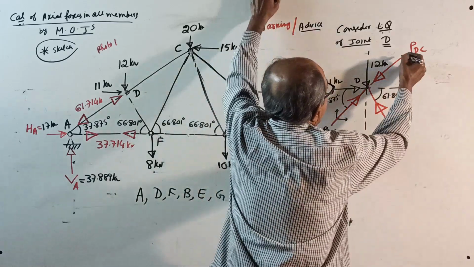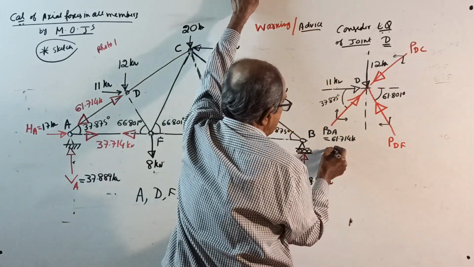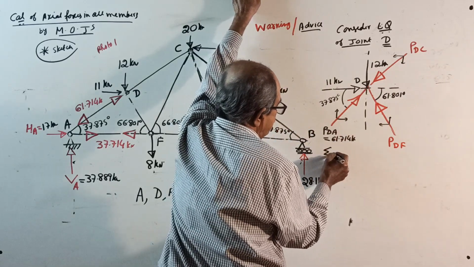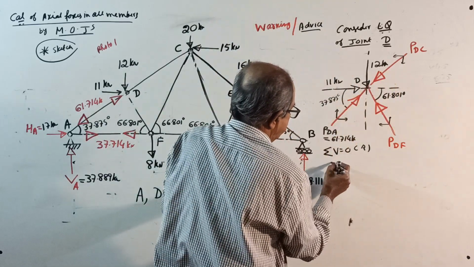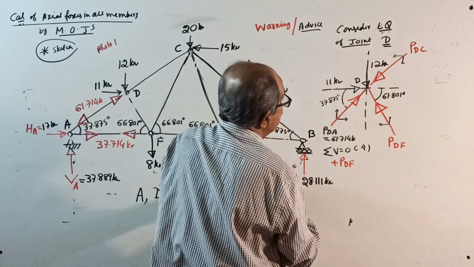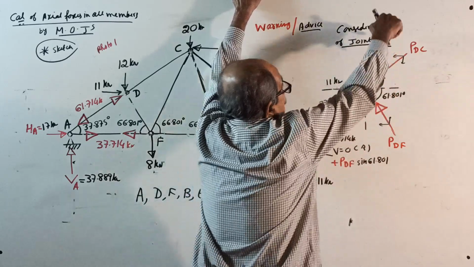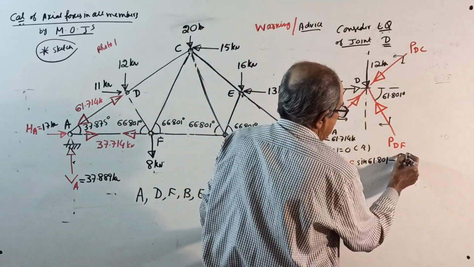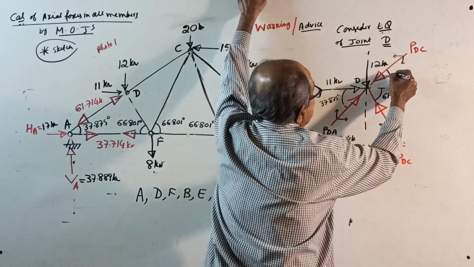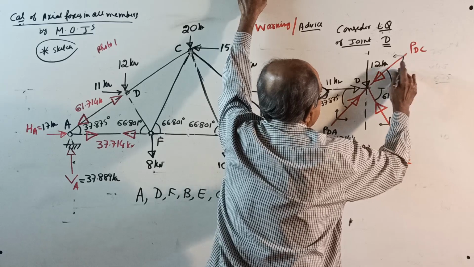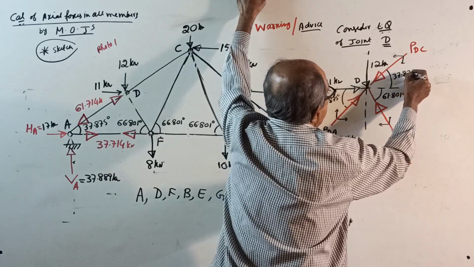Okay, now, cos, sine. Now you see both are in train. Sigma V = 0, anything first, no problem. Upward positive. Plus PDF sine 61.801 minus PDC, for this also the angle is 37.875 degrees.